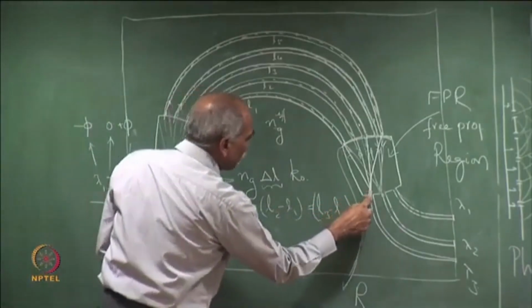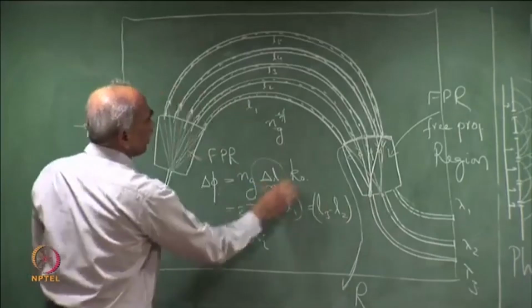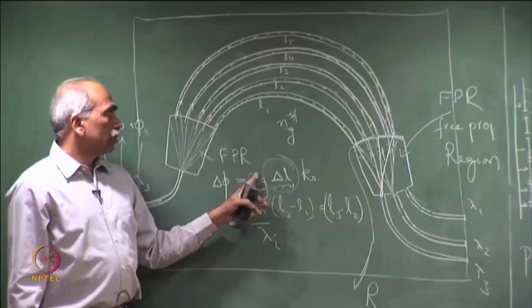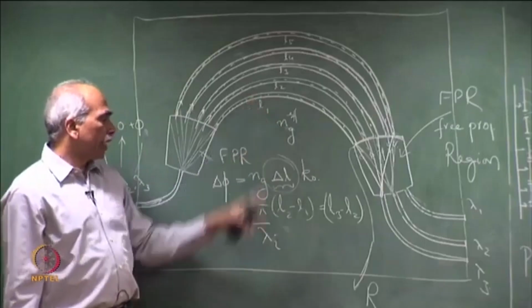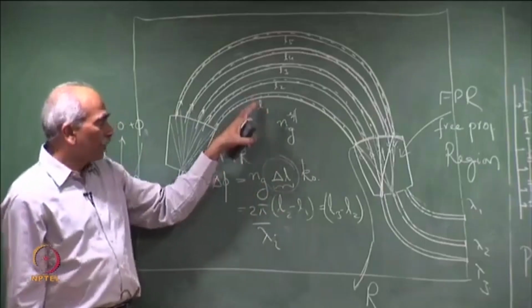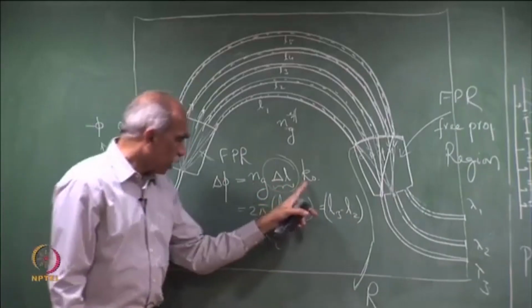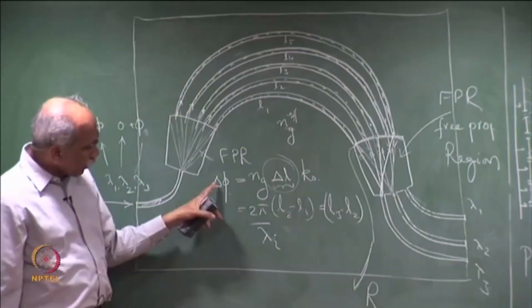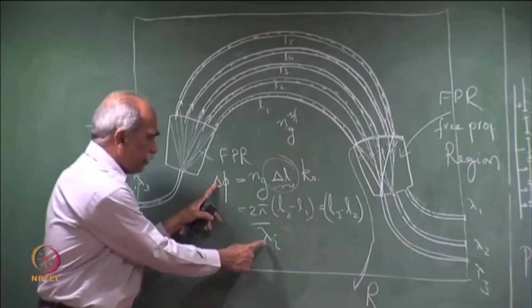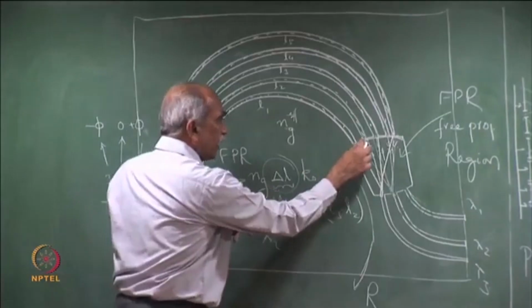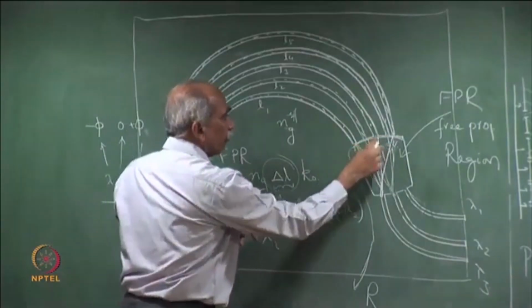So, that is determined by delta L, because Ng is determined by the dimensions of the waveguide, the refractive index and the width of the waveguide, the mode effective index, and k naught contains the wavelength. Therefore, delta phi is different for different wavelengths. It is constant from one array to another. It is an array of waveguides.